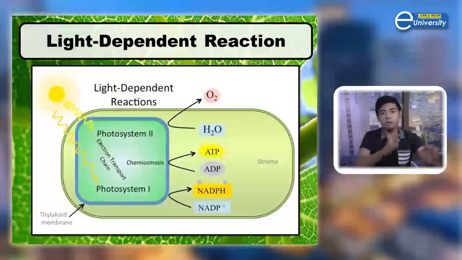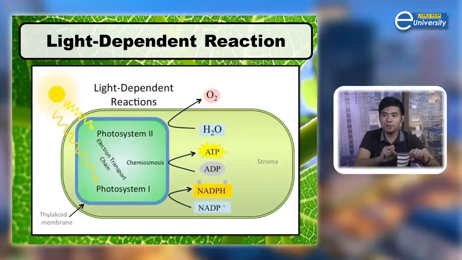So let's start with the chlorophyll photoactivation. Of course, the main actor in this stage is the chlorophyll. We have two types of collecting systems: photosystem 1 or the P680 and photosystem 2 or the P700. They are within the chloroplast and responsible for collecting the photons.